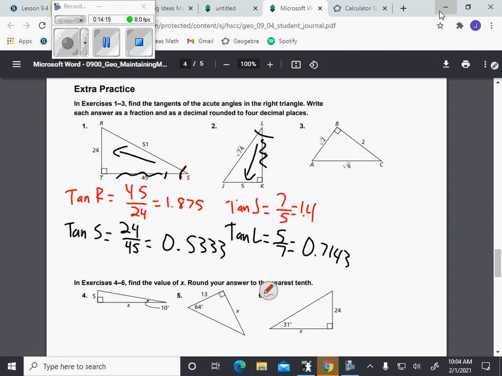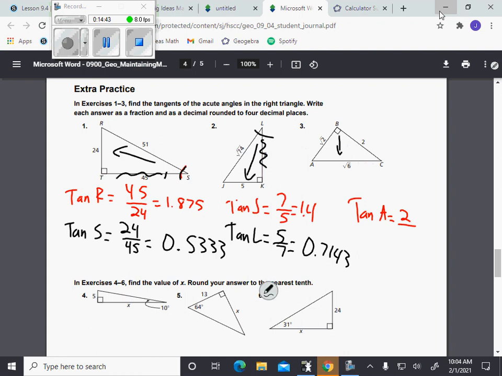Last one. Remember, acute angle, so we're going to start with angle A. We go opposite, so 2 over adjacent, so square root of 6. Nope, sorry, that is the hypotenuse. Almost made a mistake. Do not make the same mistake I just made. The tangent of A is equal to 2 over, that's the hypotenuse. How do I know it's the hypotenuse?